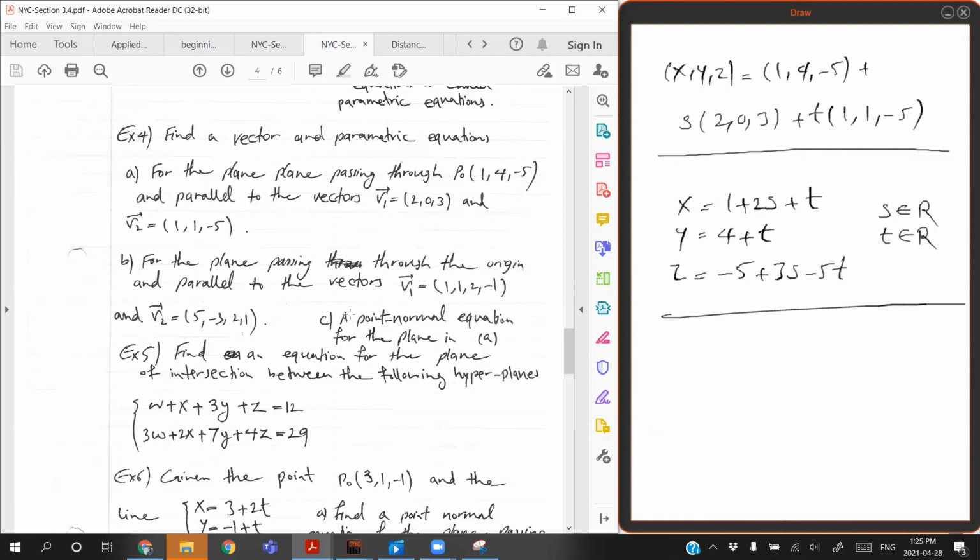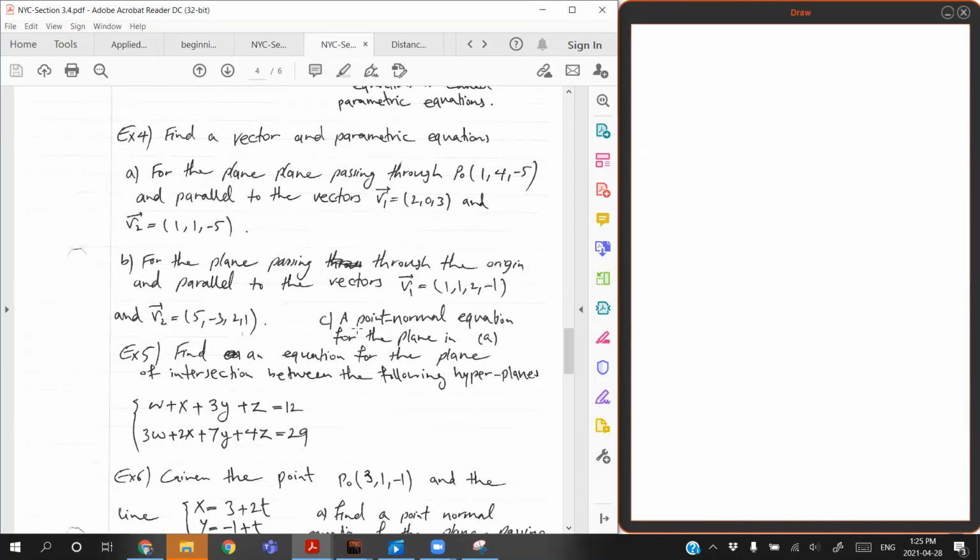Part B, find the vector and parametric equations for the plane passing through the origin and parallel to these two vectors from R4. So the point P0 is now the origin, (0, 0, 0, 0), and the two vectors v1 and v2 are also given.